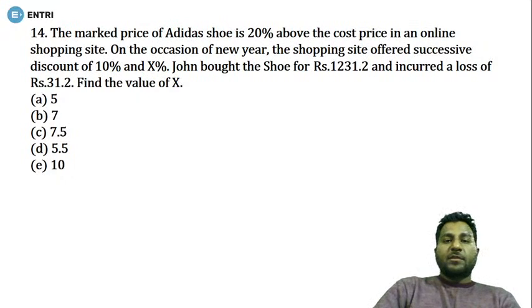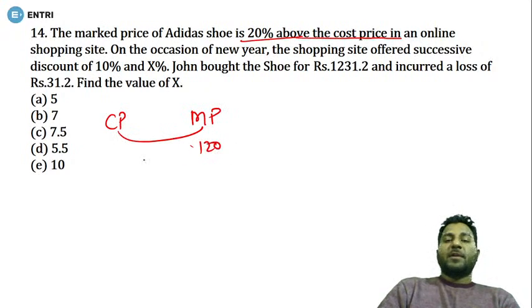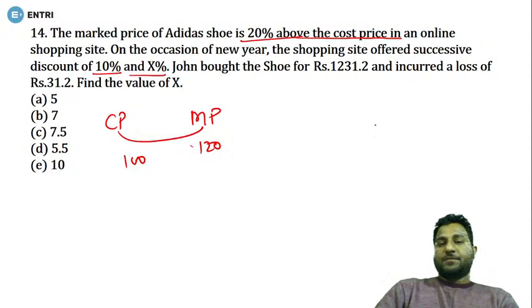The marked price of an Adidas shoe is 20% above the cost price. MRP is 20% above the cost price. Okay. Yes, answer D is the correct one. In an online shopping site, on the occasion of New Year, the shopping site offered successive discounts of 10% and X percent.